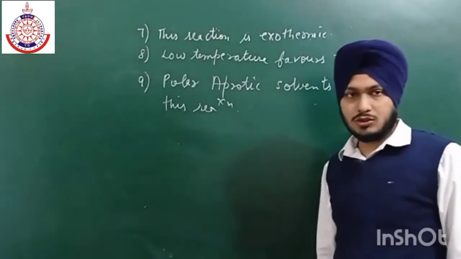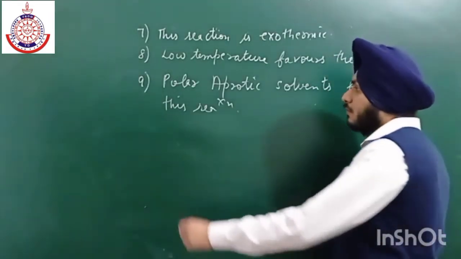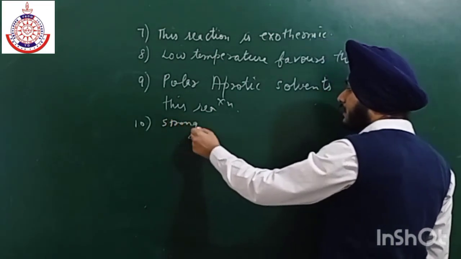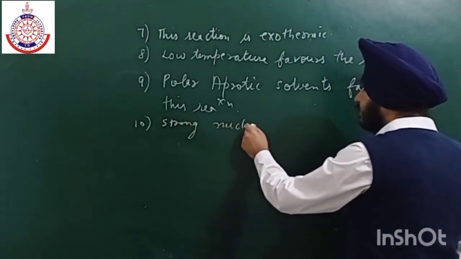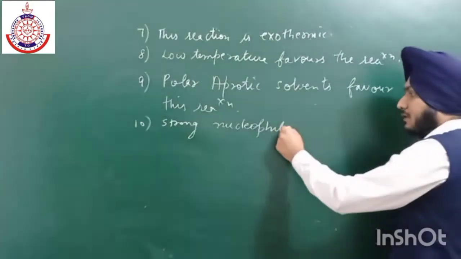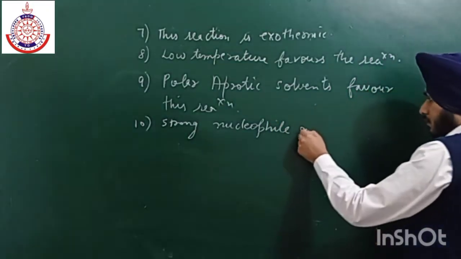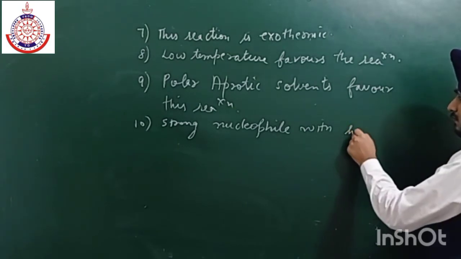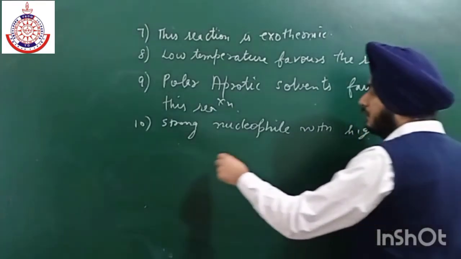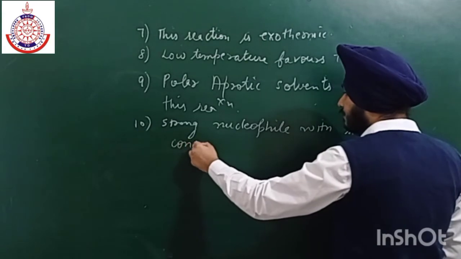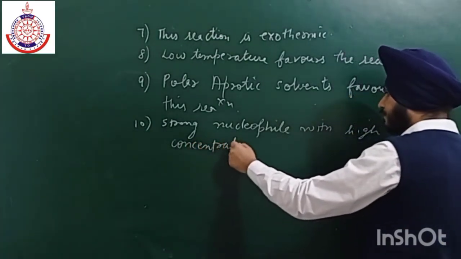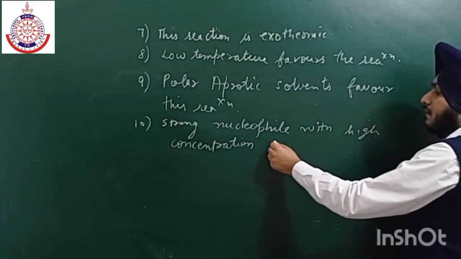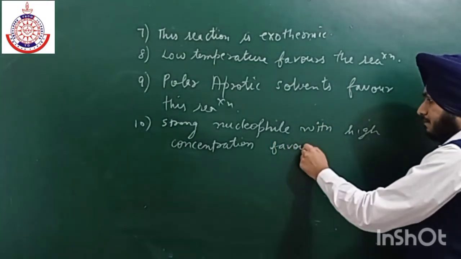Okay, and strong nucleophiles are used. One more point: strong nucleophiles with high concentration, because we all know that rate depends upon the concentration of nucleophile. With high concentration favors the reaction.